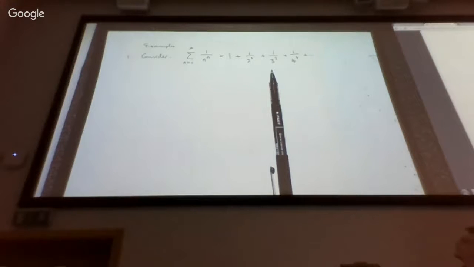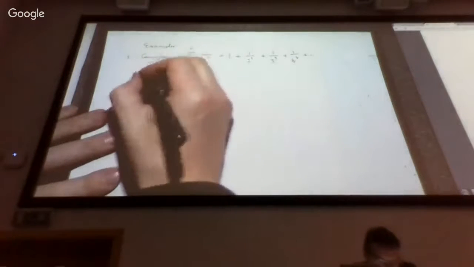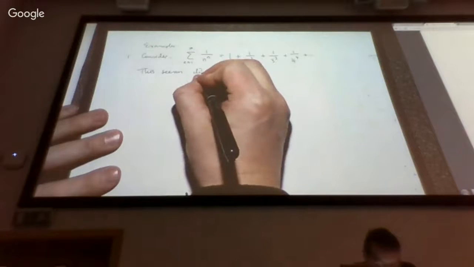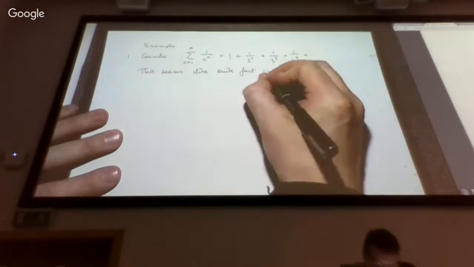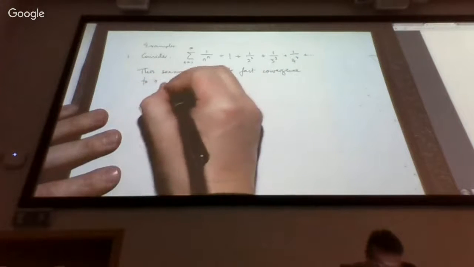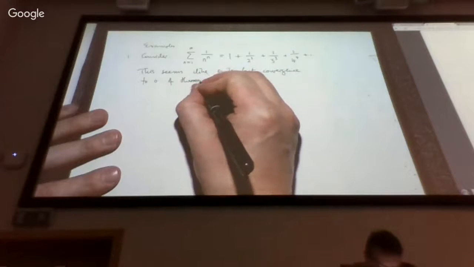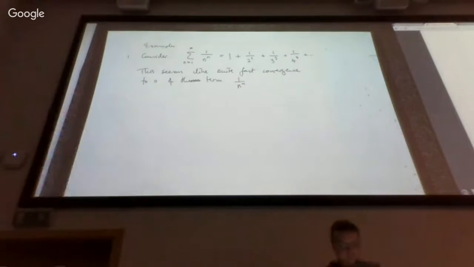So this seems like quite fast convergence to 0 of the term 1 over n to the power n.